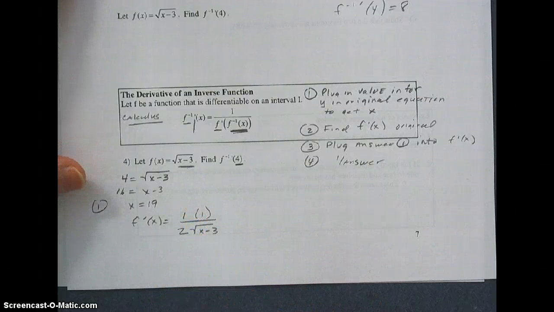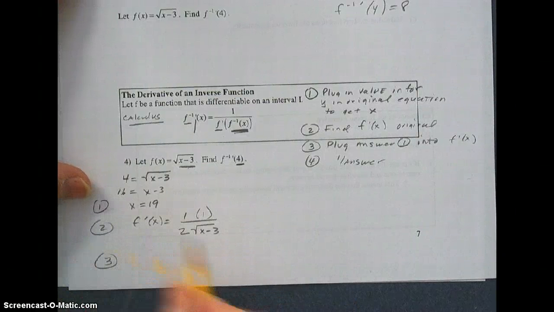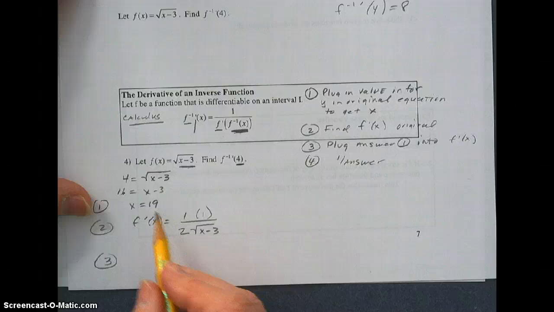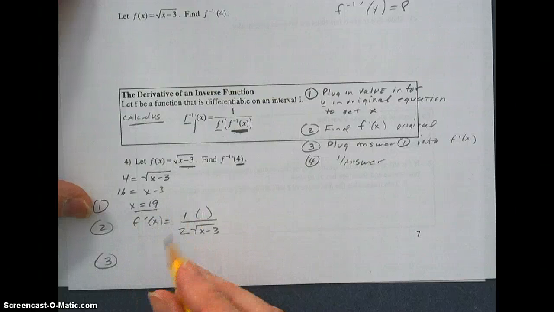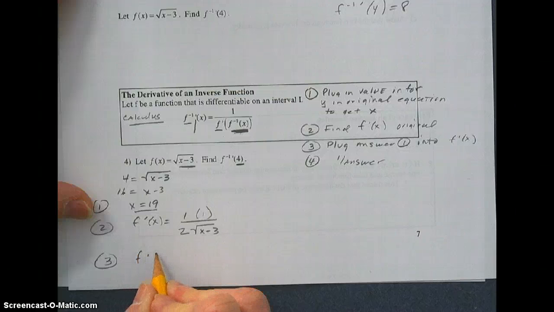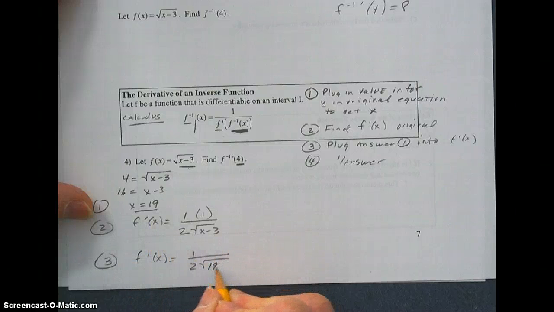Third, since we need to find the value of the derivative of the inverse, we're going to plug what we got in number 1 into the derivative function. So 1/2, and we plug in our answer, which is 19 minus 3.